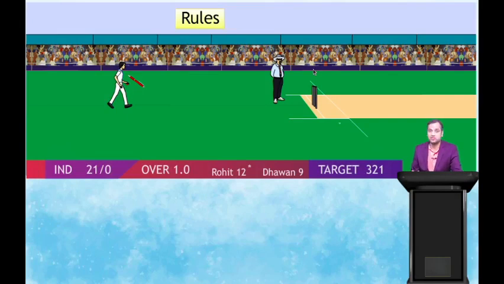So let's start the game of cricket. In this game we have team India 21-0 in the first over, Rohit Sharma is at 12, Shikhar Dhawan is at 9, and the target is 321. So this is a game of cricket.